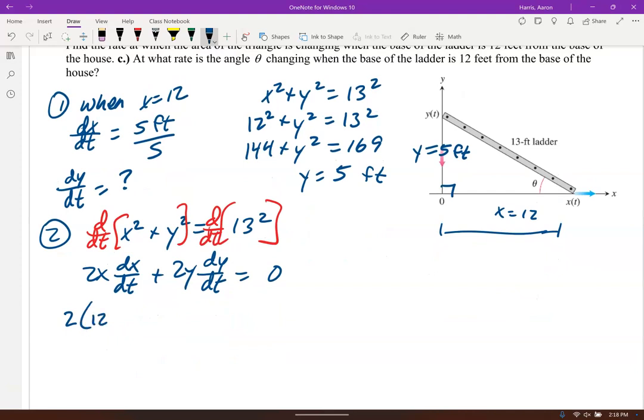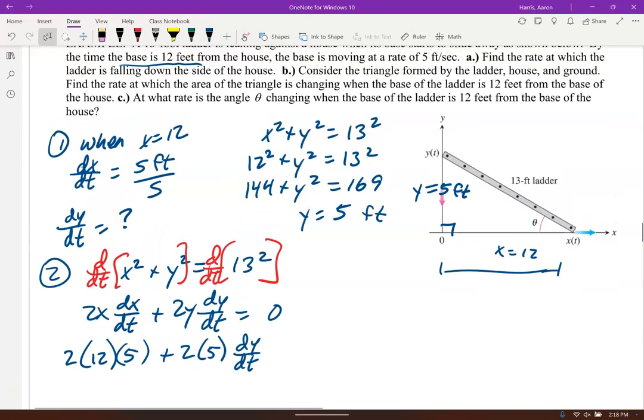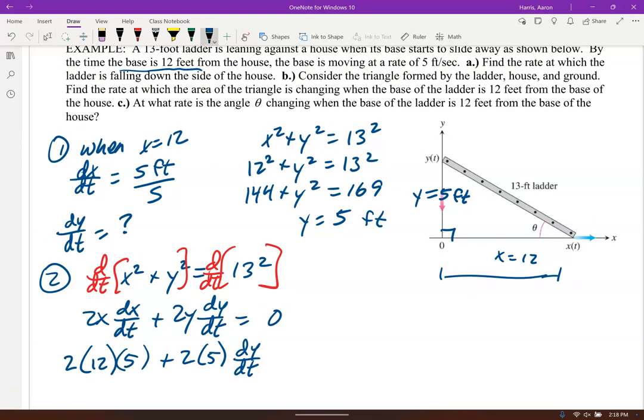Our x is 12. Our dx dt is 5. Our y is 5. We're solving for dy dt. That's the rate at which the ladder's falling down, right? It's going down. How fast is it going down? That's the question, right? That's the dy dt that we want.